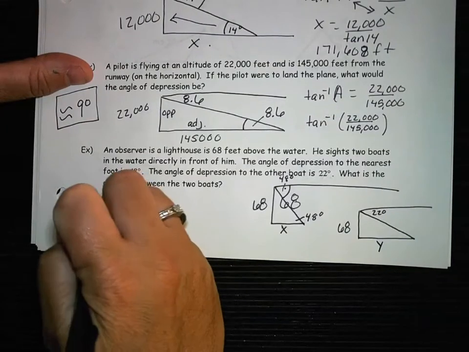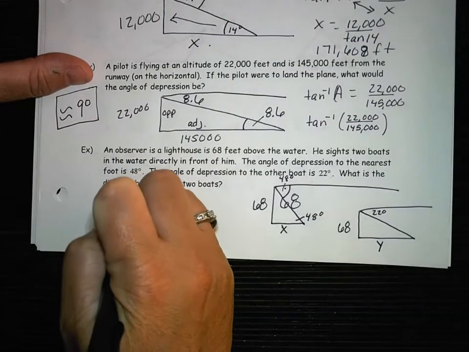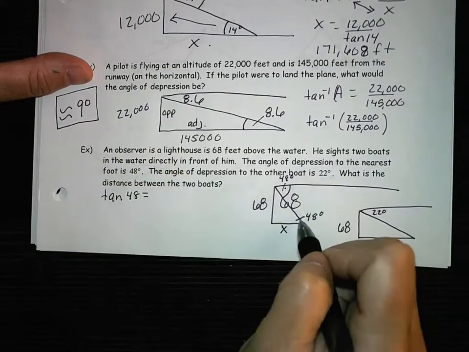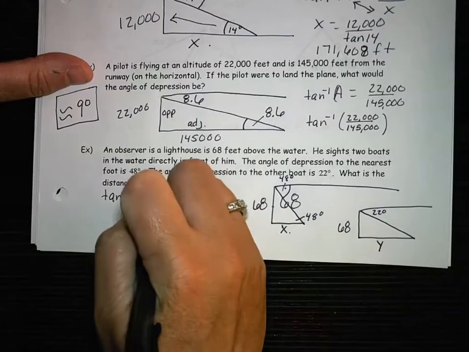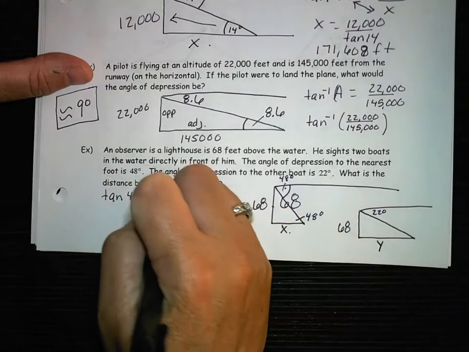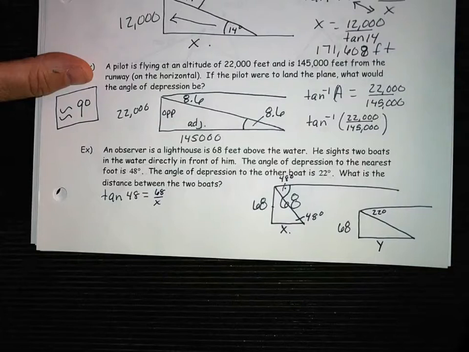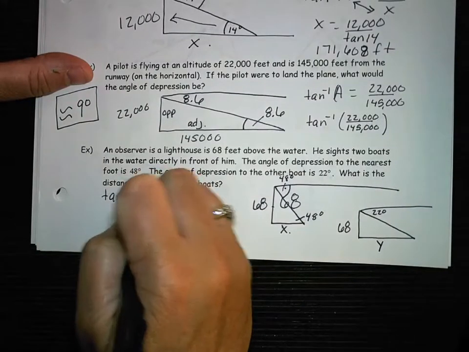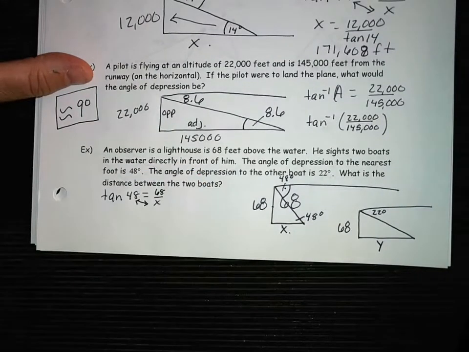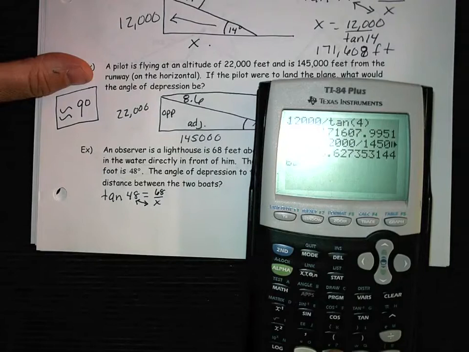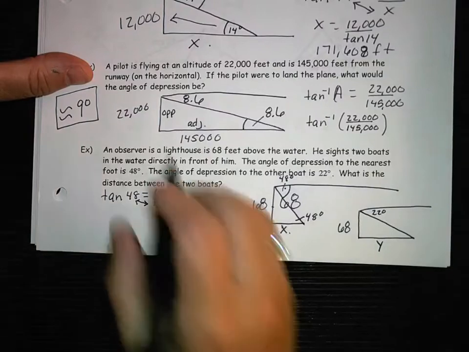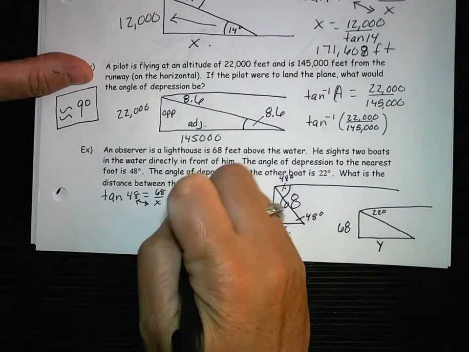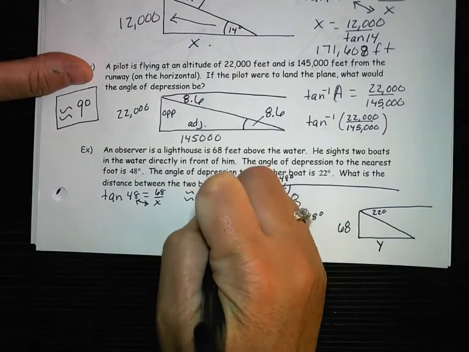So we will have the tangent of 48 equals opposite over adjacent, 68 over x. To solve that, you swap those two. So we have 68 divided by the tangent of 48. So that boat is roughly 61 feet away.